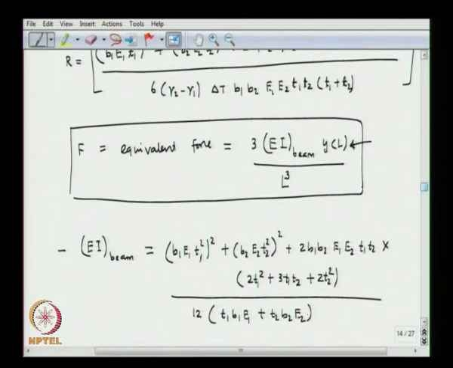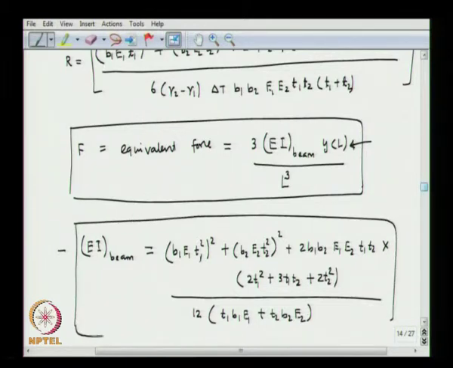Okay. So that is how we can find the flexural rigidity of the composite beam. So knowing that, we can find what is going to be the equivalent force.